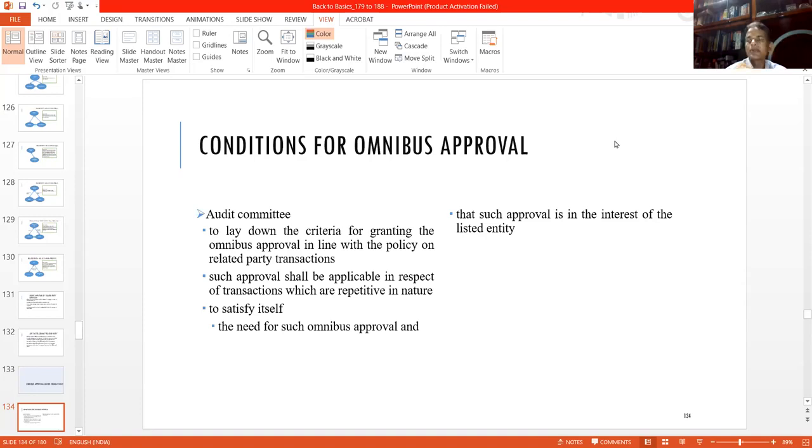The way I would see it, while approving transactions on an omnibus basis, the consideration for the audit committee must be exactly the same as it would have been had the transaction come for specific approval. If the transaction came for specific approval, what all things would the audit committee see? We said two things. Ordinary course of business is not a big question.